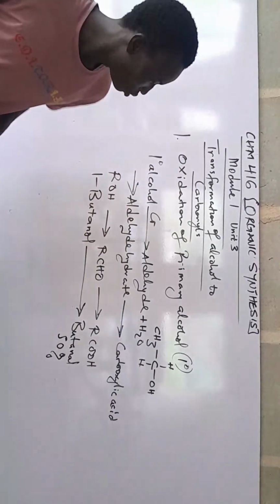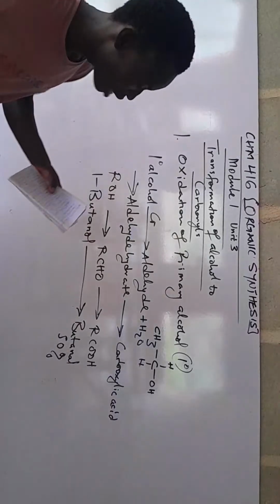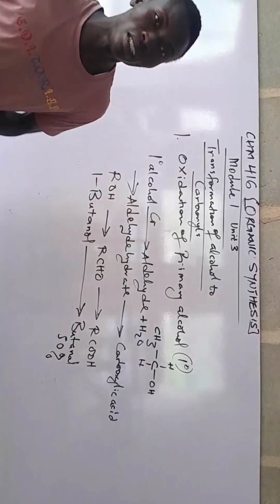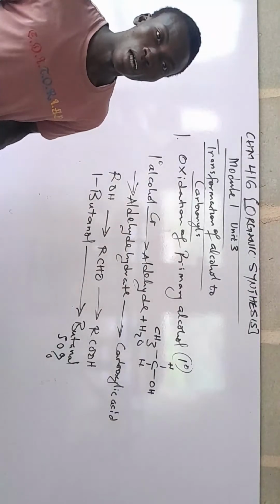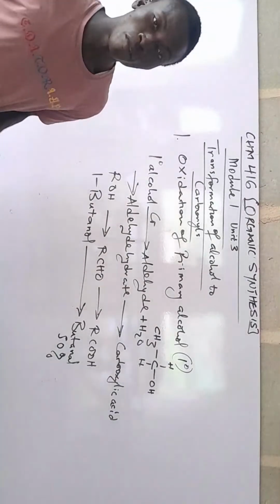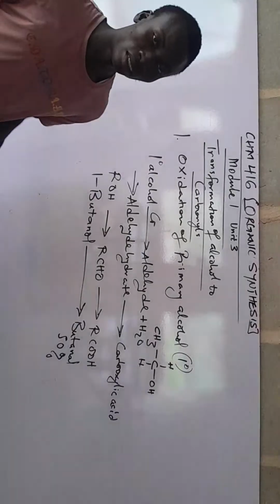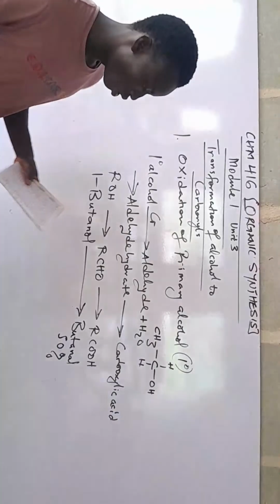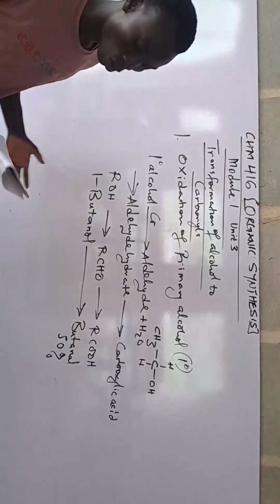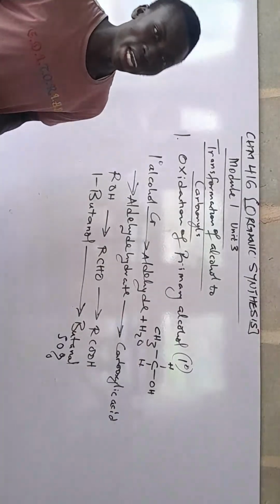Number 2 has to do with using PCC, which we have discussed, and we also have PDC, the dichromate. We can also utilize them as oxidative agents.